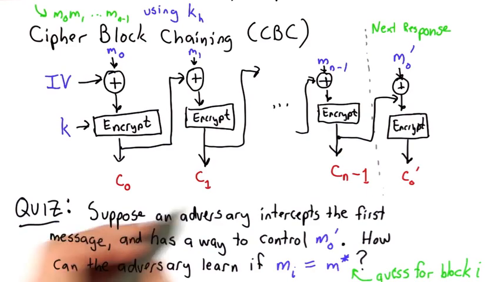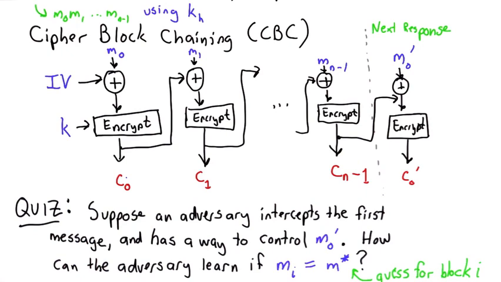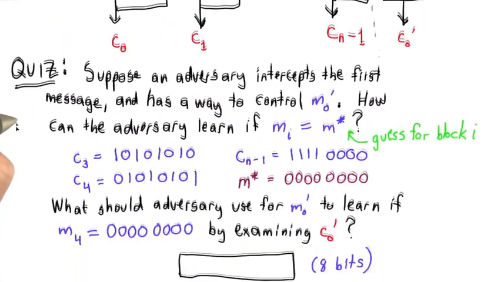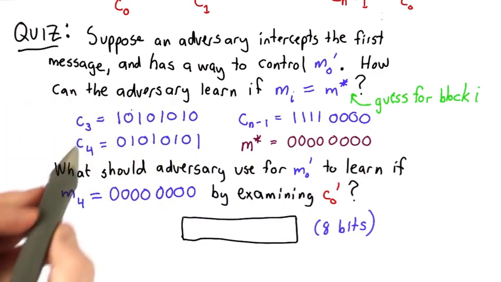The question is, suppose an adversary intercepts the first message. So the adversary learns all the encrypted blocks, doesn't learn anything else, doesn't know the K value or the IV value. The handshake worked fine. And the question is whether the adversary can learn whether some block is equal to some guess for that block. To make this more concrete, suppose the blocks are all 8 bits. The adversary has intercepted all the ciphertext blocks, but I'll only tell you 3 of them.